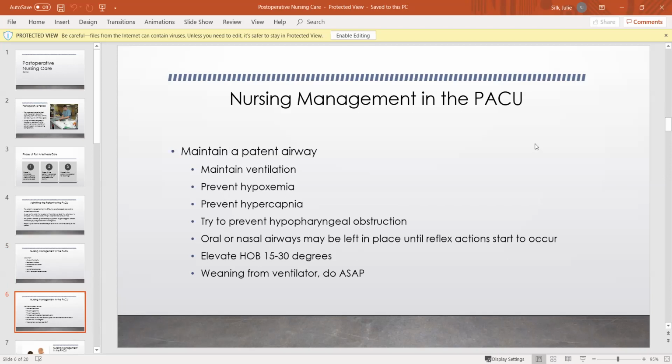With cardiovascular, we're going to be concerned about if this patient is in shock. That could be another possible complication that you might see post-op. This is one of the most serious post-op complications. It can result from hypovolemia.